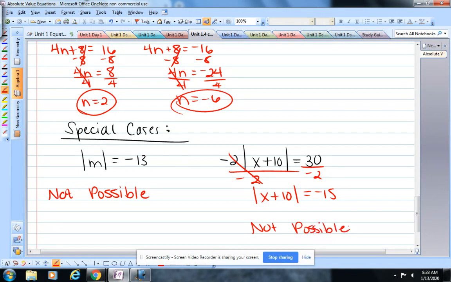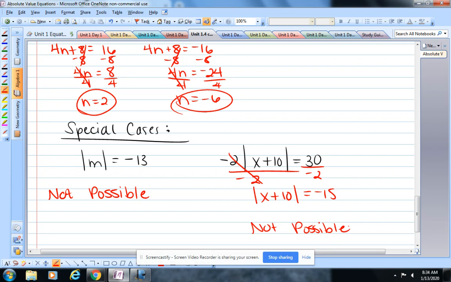Okay? Got it? Now this is going to rarely happen. Let me look at your practice. There are some on your practice that are not possible, but you better get your bars by themselves first, okay?